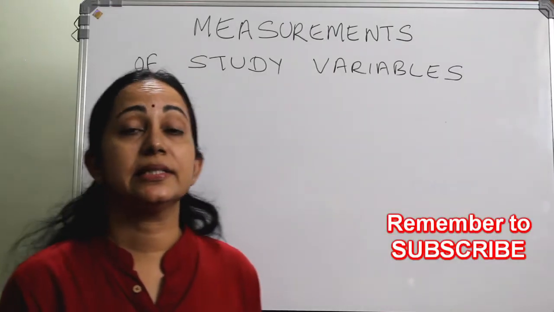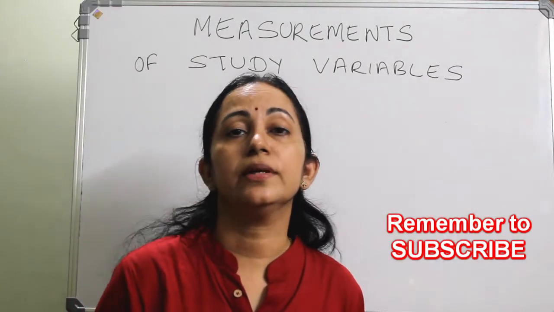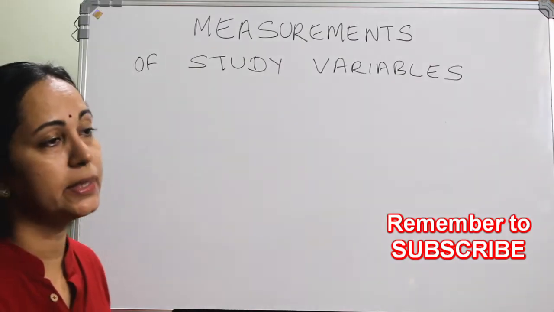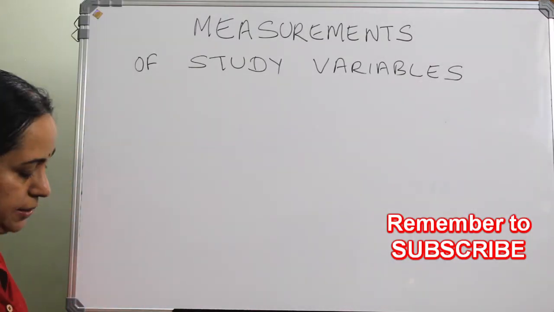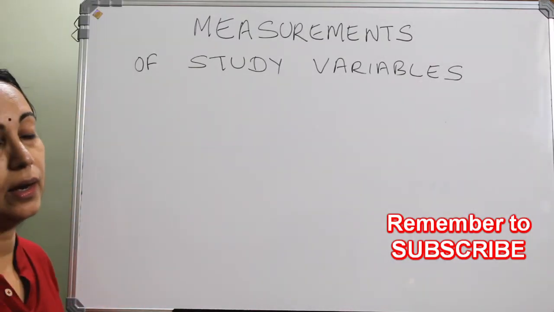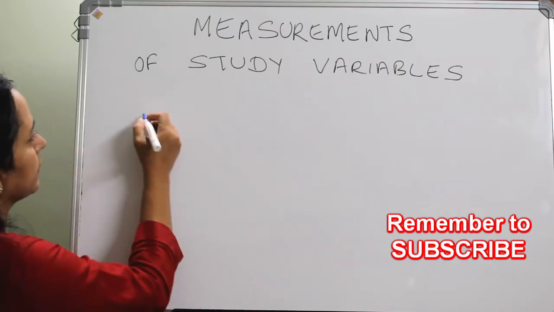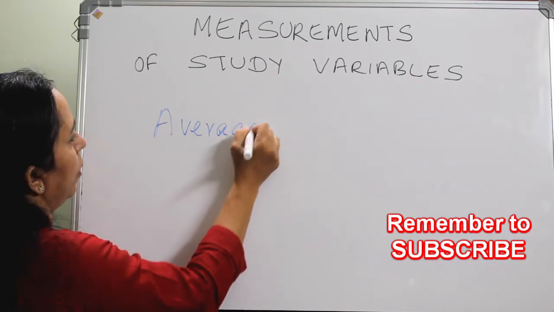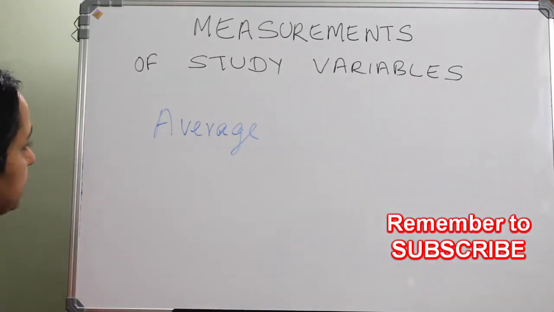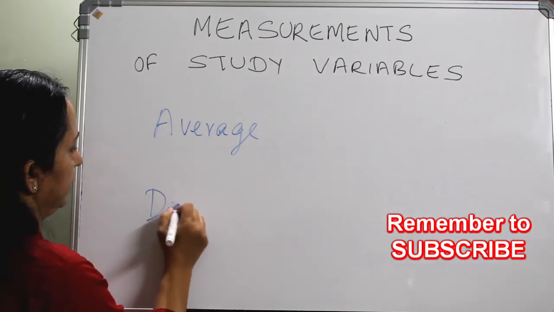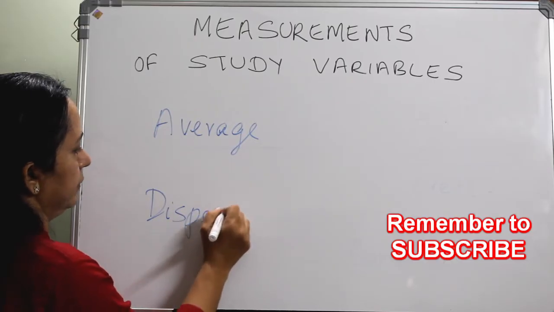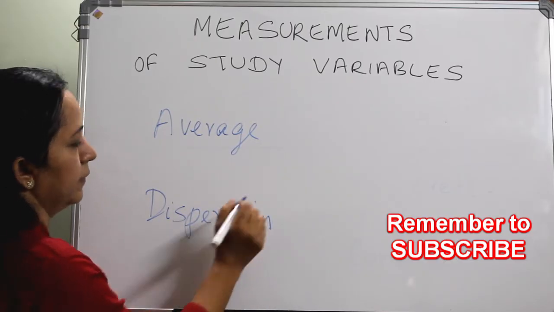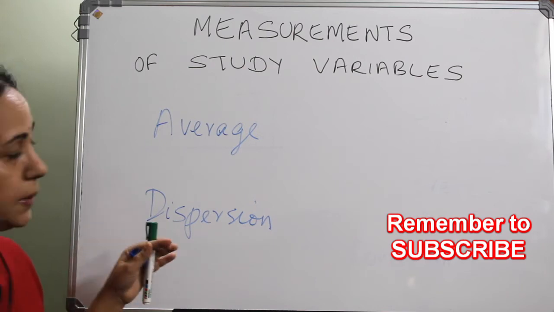So we collected these data, and then how can we measure? Whatever may be the type of data, we have to measure it. Measurement, either we can take the average, or we can take the dispersion. I'll explain it to you.